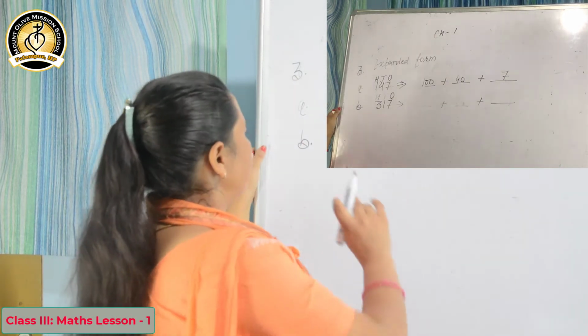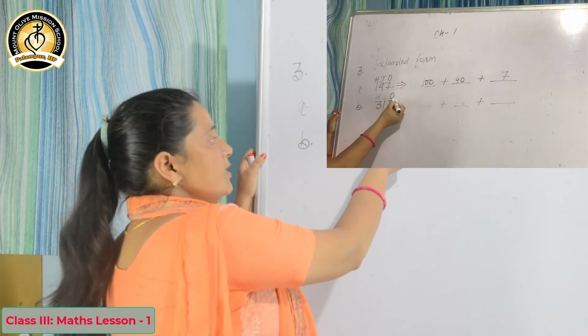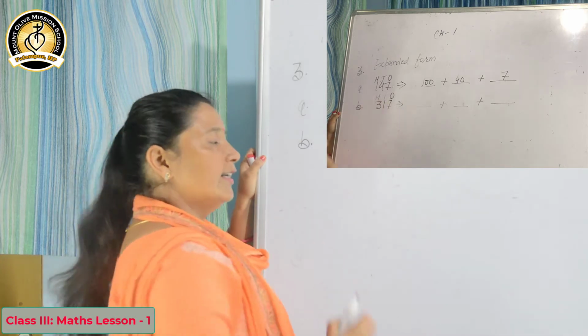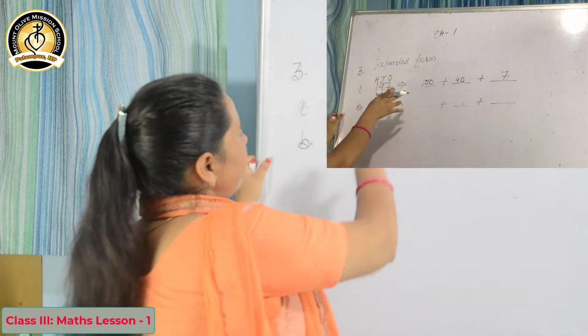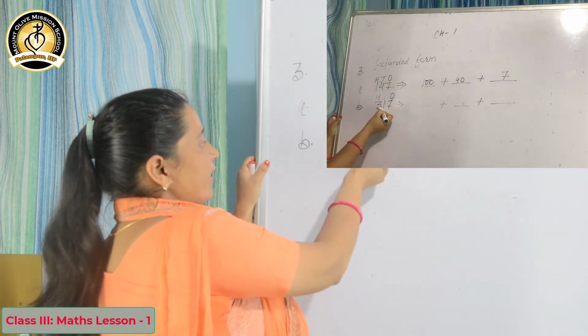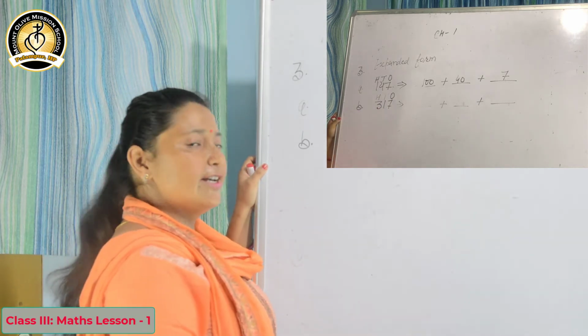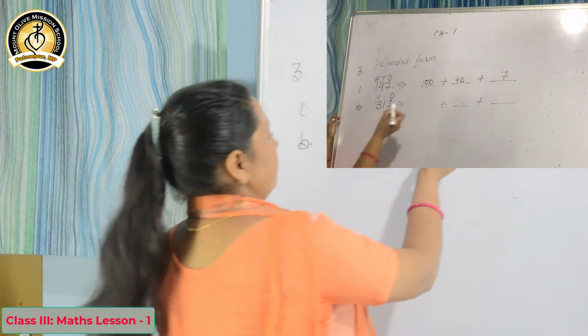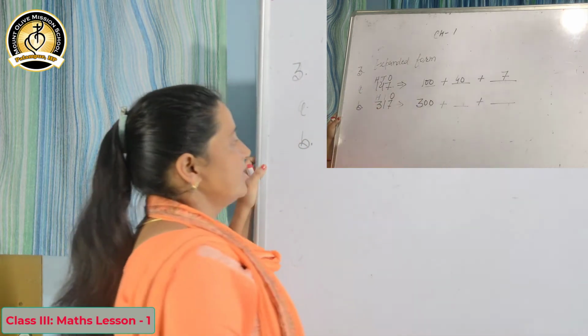Part B, 370. Write ones, tens, and hundreds. Do it the same as in question A. What is the place value of 3? Yes, 100, so write 300.